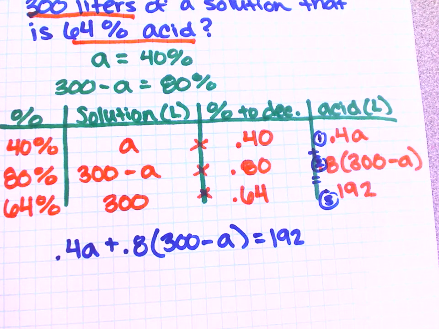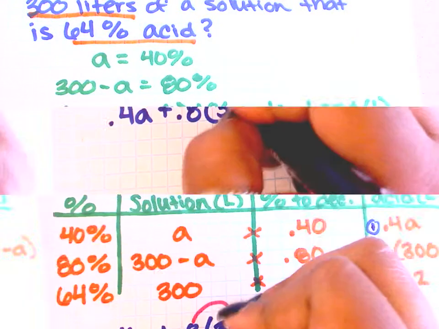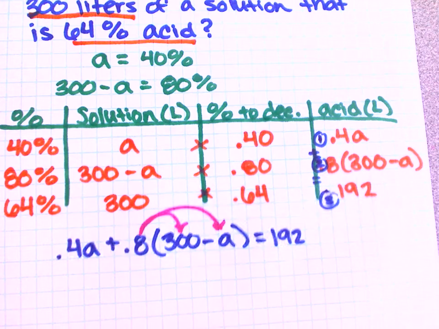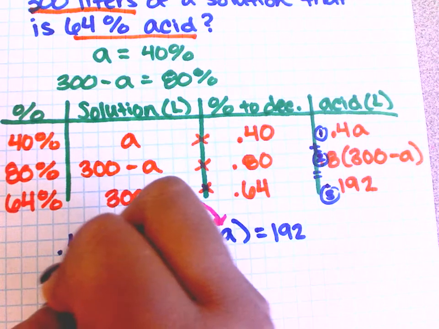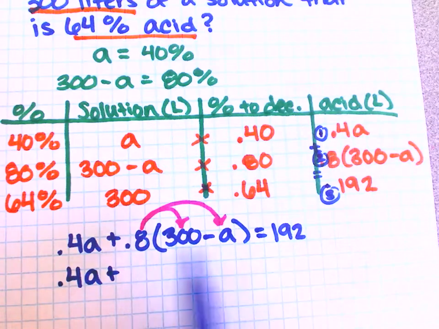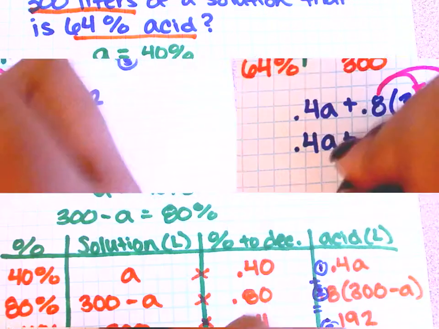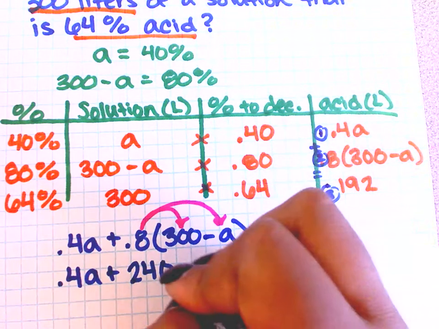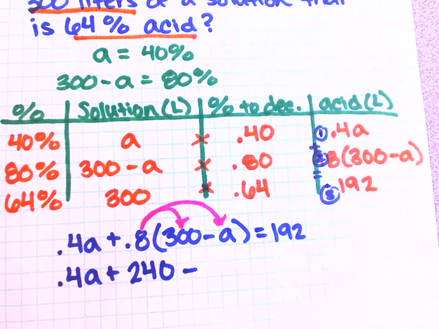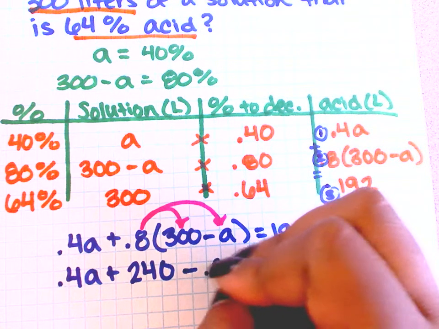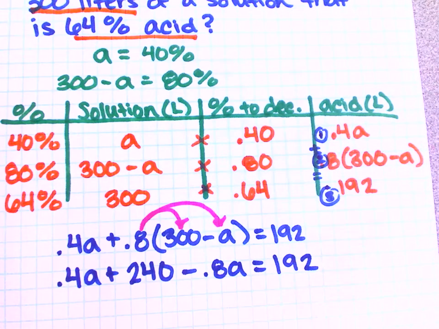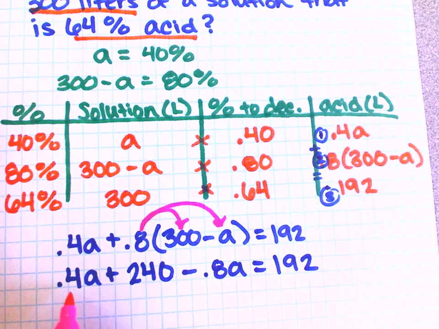All right, so I see that I need to distribute. So I'm going to distribute 0.8 times 300 and 0.8 times A. So I get 0.4A plus 0.8 times 300, I'll just do it for you, is 240. Bring down my minus sign. 0.8 times A is 0.8A equals 192. Now, oh my goodness, I see like terms.